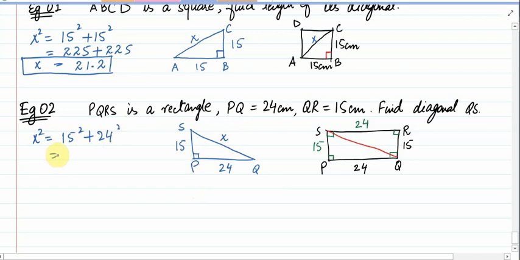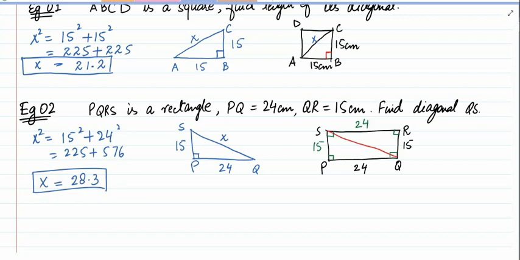So 15 square is 225, plus 24 square is 576. Now the square root of 576 plus 225 gives you a value of 28.3. Why the square root? Because x is in square form, we need to eliminate the square. So that's how we can do word problems of Pythagoras theorem.